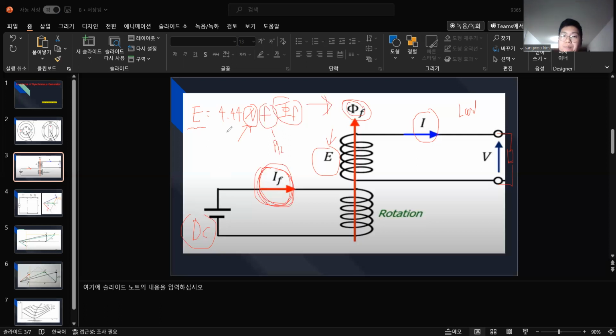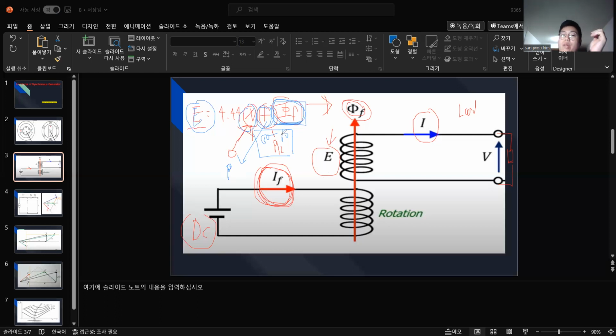So when you make the generator, the turns and the frequency, 50 or 60 hertz, are already fixed. So only the magnitude of E is controlled, depending on this. The frequency part is related to the prime mover, how fast the rotor is rotating.